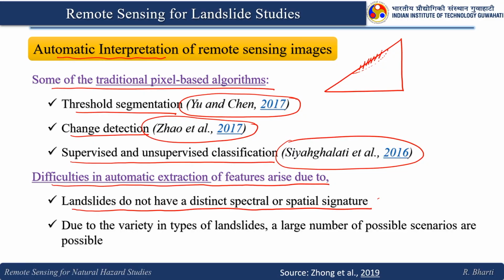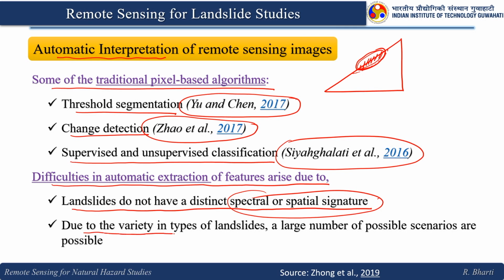All these different soils and rocks have different spectral signatures. So as such, landslides do not have any distinct spectral and spatial signature. Whenever you want to identify a landslide, you need high spatial resolution. Then, based on the geometry, shape and size, you will be able to identify whether this is a deformed surface or a failed slope.